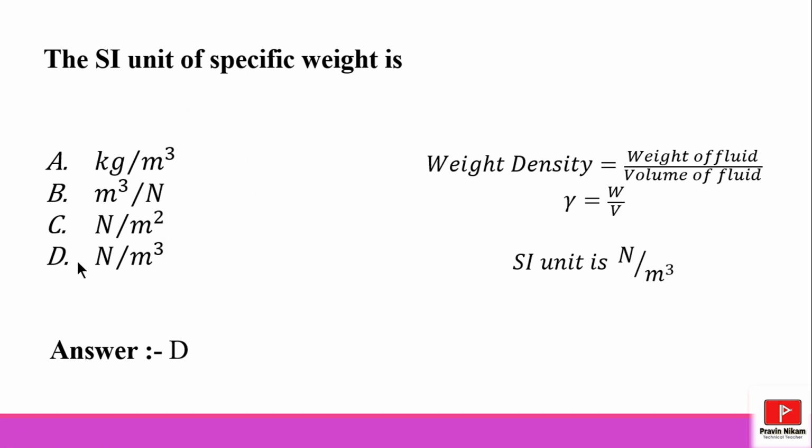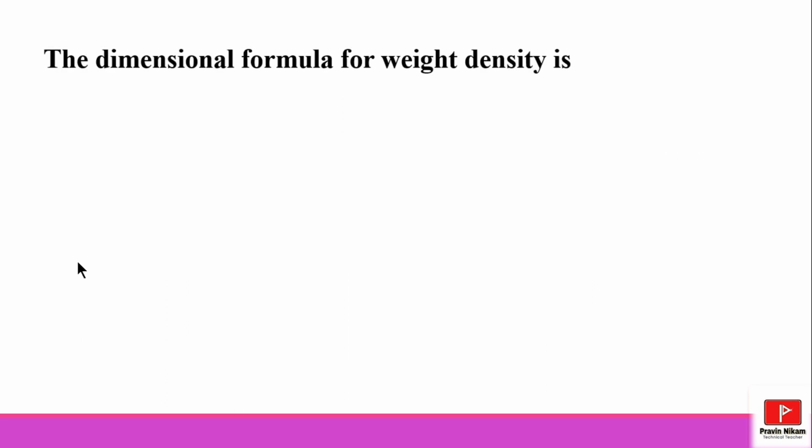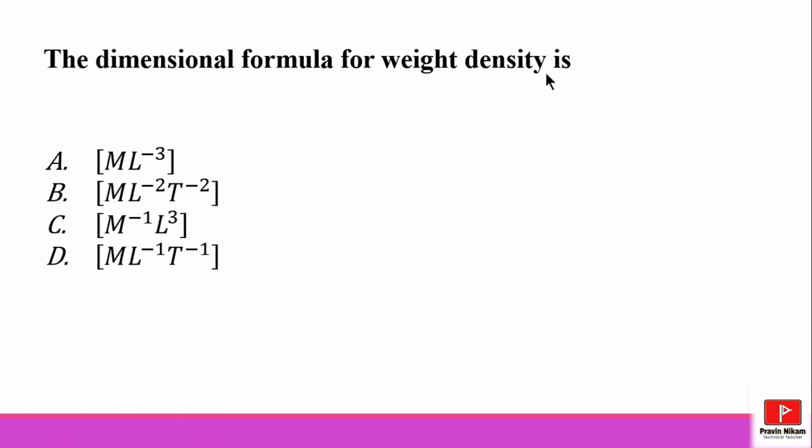Now see the next question. The dimensional formula for weight density is. These are the options. We know the unit of gamma is Newton per meter cube.